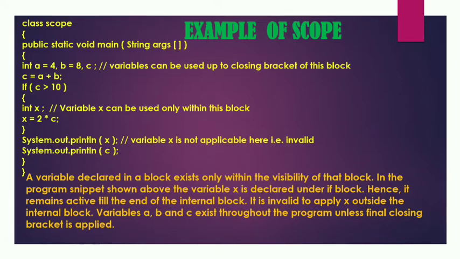It is invalid to use x outside the internal block. As it is used outside in the program, it is invalid. So variables A, B and C exist throughout the program unless a final closing bracket is applied. So I have told you that A, B and C are used throughout the program because they are used within their scope. They are not used outside the scope, so it is valid.